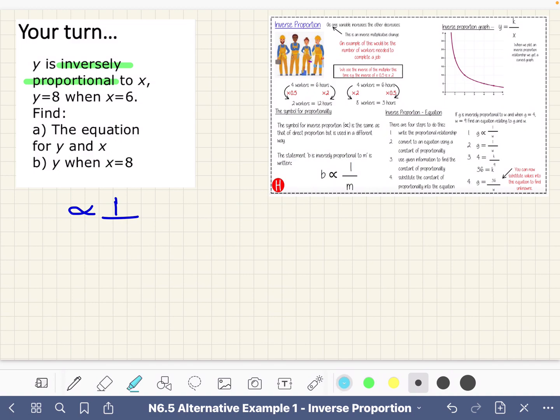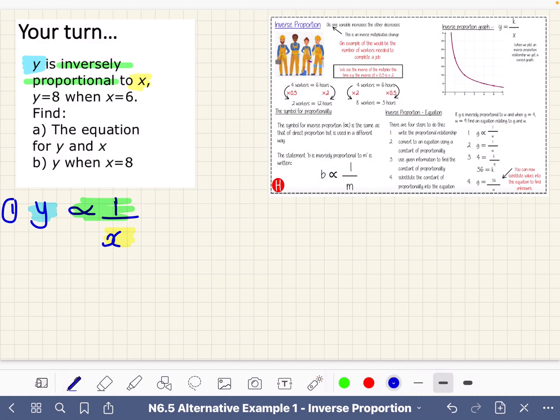We want to ensure that we are using our y value, which is before the inversely proportional to, and our x value, which would be under our fraction. So that means y and x go there, and we have shown that y is inversely proportional to x.